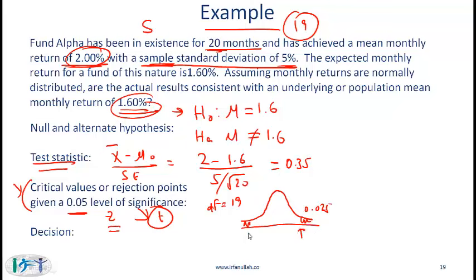The critical values or the rejection points from the T table will be plus 2.1 and minus 2.1. Make sure you look this up in a T table. Our test statistic 0.35 is falling in between. So the test statistic is in the region where we do not reject the null hypothesis. So the decision is that we do not reject the null hypothesis.